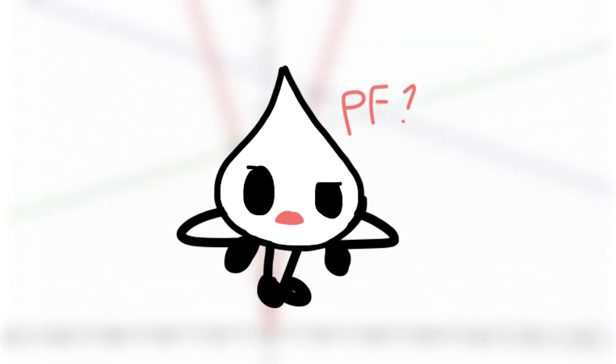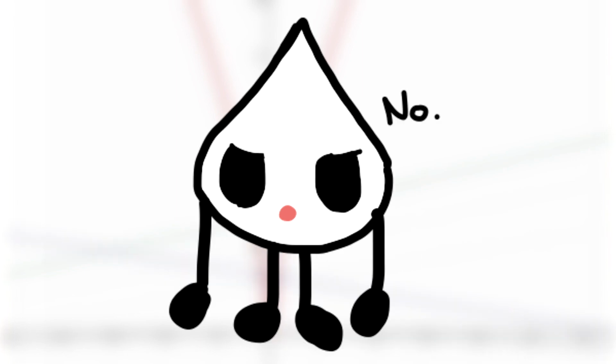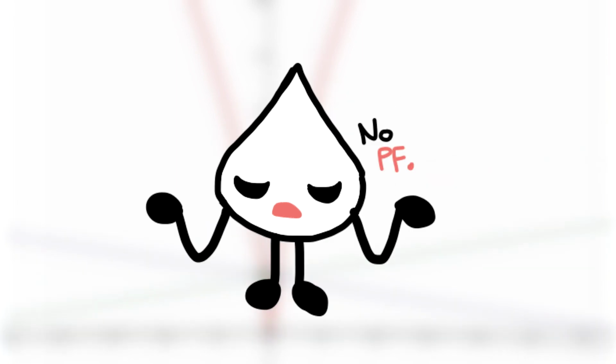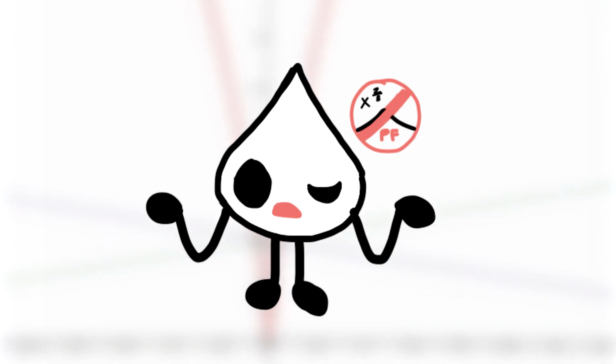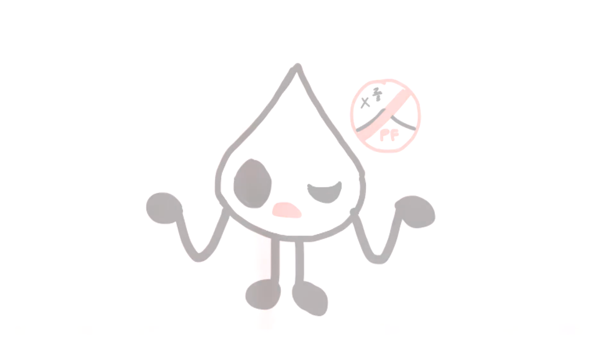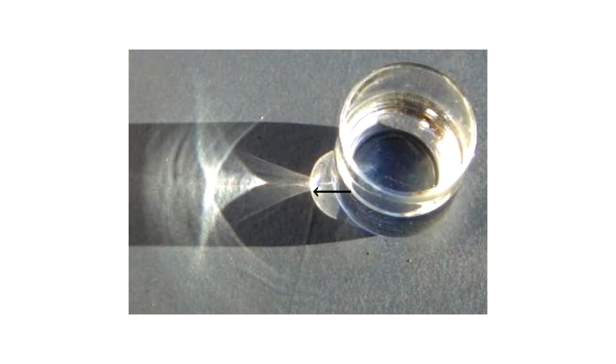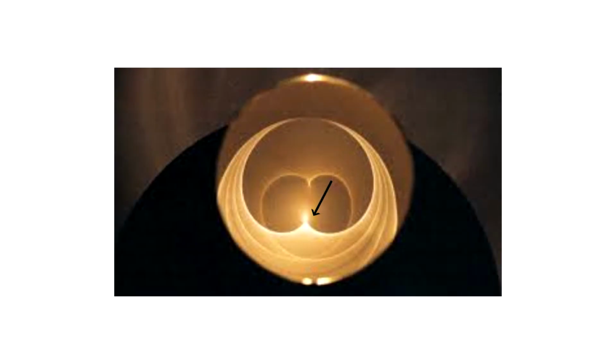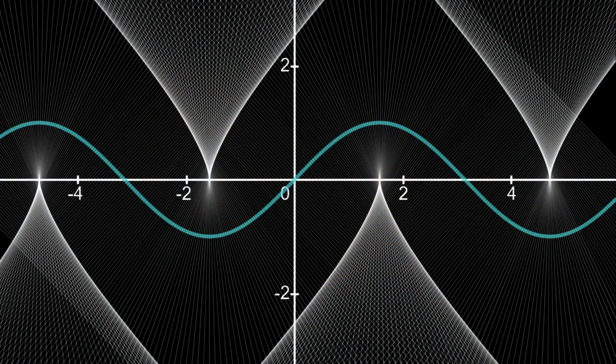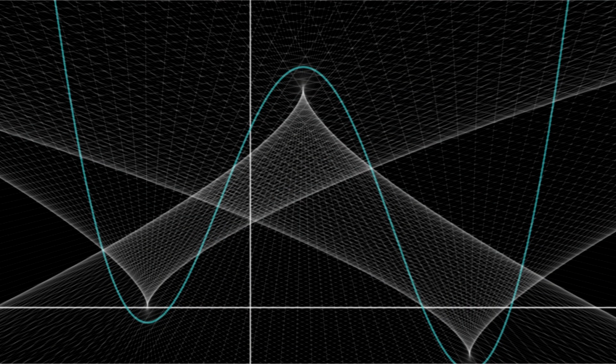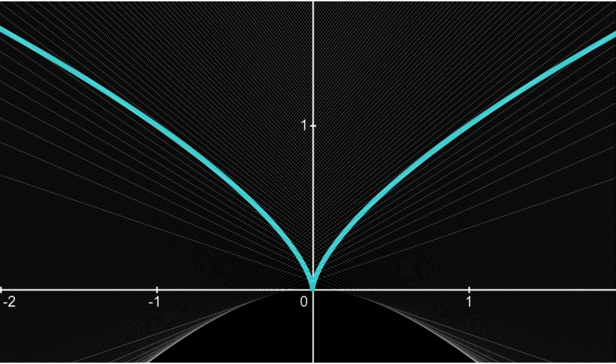Well, okay, so what is the pseudo-focus then? The answer is no. No PF. Sorry, it doesn't exist. Pseudo-foci are those points that are just there by nature in every curve, in every graph, with a few exceptions, of course.